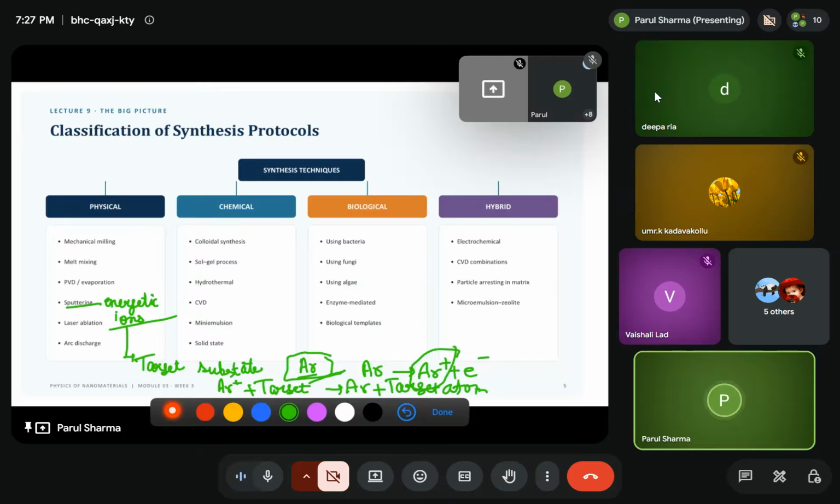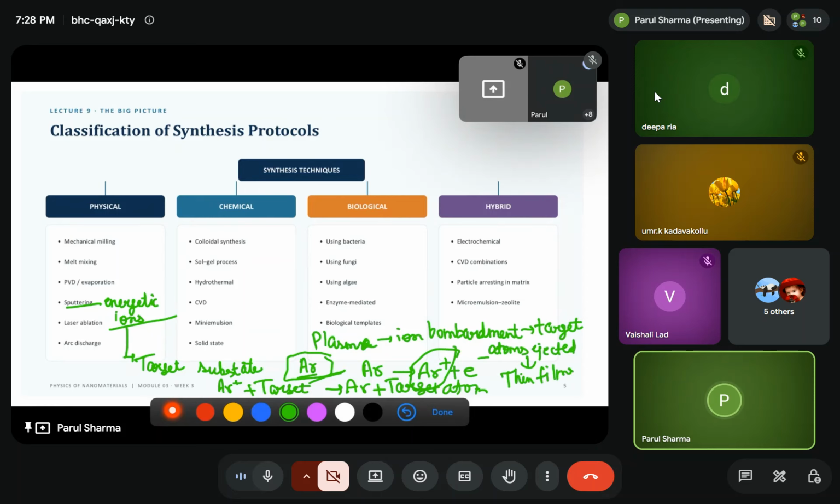So what we did first, we created a plasma using argon ions, and then ion bombardment, and then target atoms ejected, and then the thin films are formed.